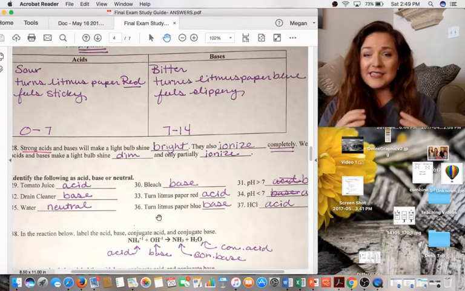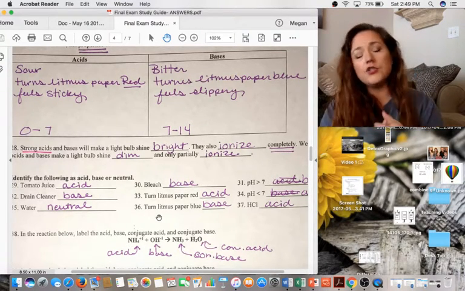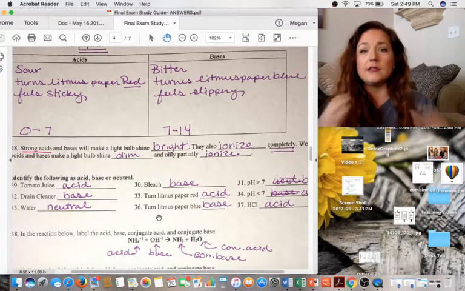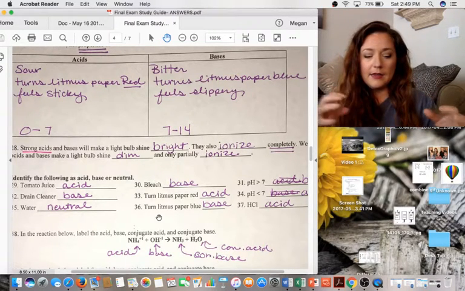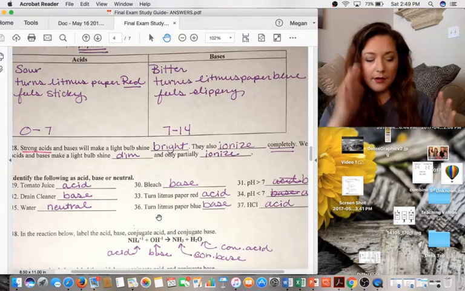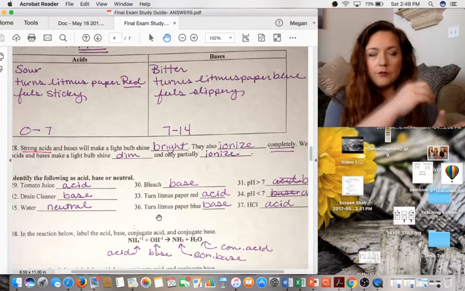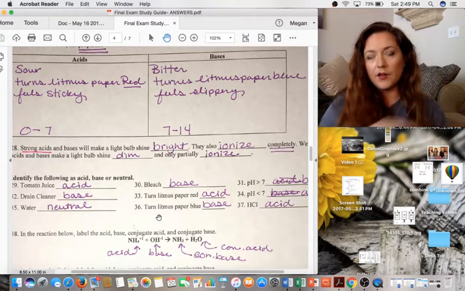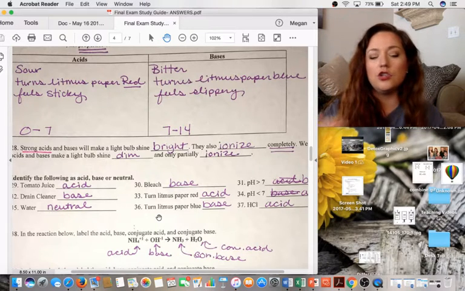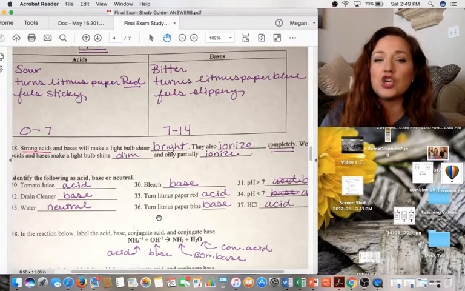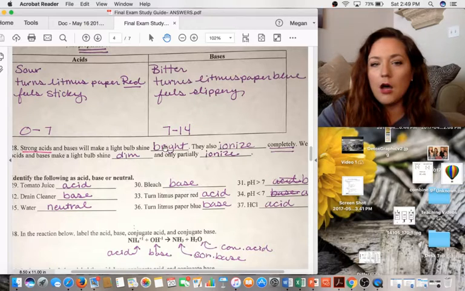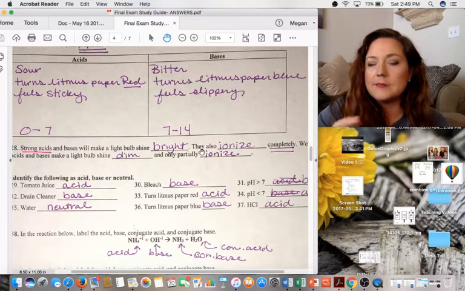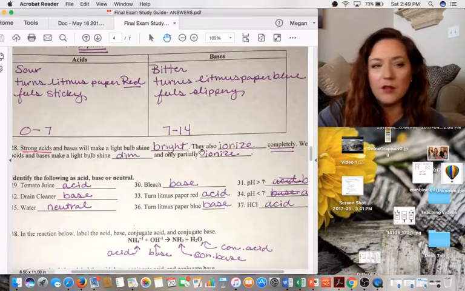Because of that, when you stick two electrical currents into that solution, the current can make a clear and smooth jump from positive to negative all the way through the solution to the other side, thus turning the light bulb on brightly. That is because of the complete ionization of those molecules.